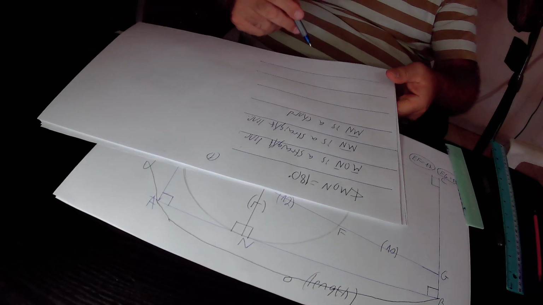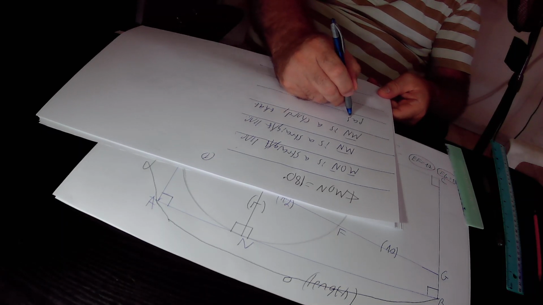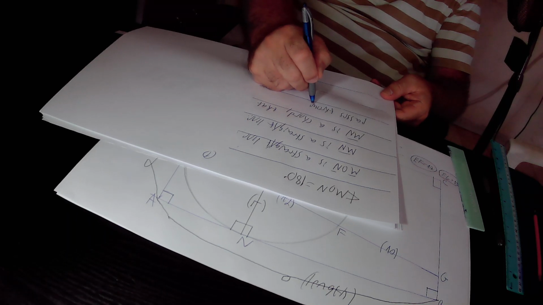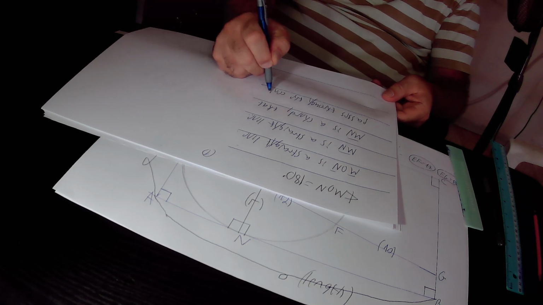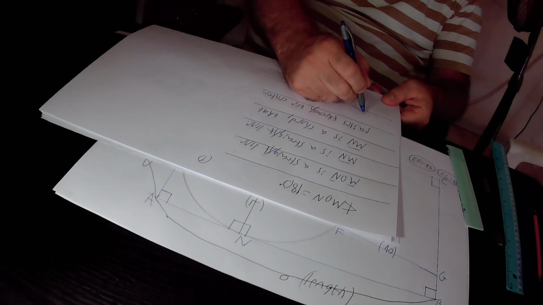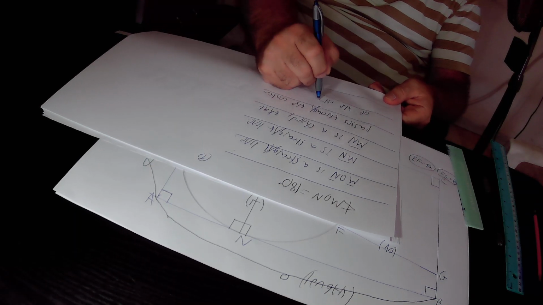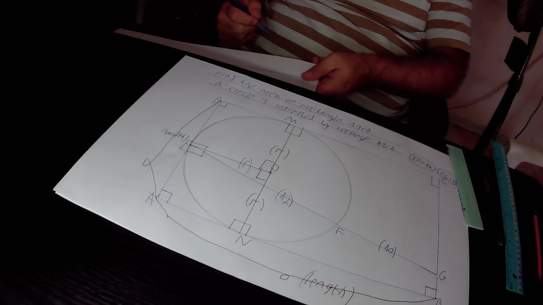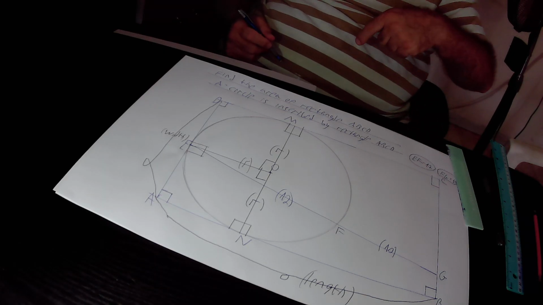So MN is a chord that passes through the center of the circle. And we know that any chord that passes through the center of the circle must be the diameter of the circle.